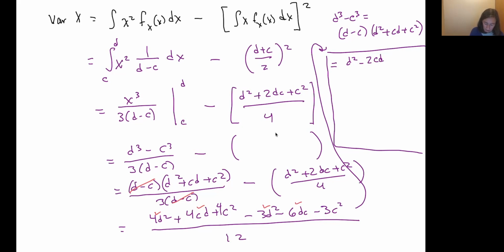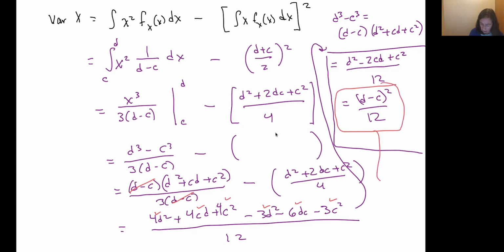And what else is left? I've got 4c squared minus 3c squared, that is going to be positive c squared, all over 12. Oh, look, and I can factor that too. That is (d minus c) squared over 12. And this is the variance of X uniform on CD.